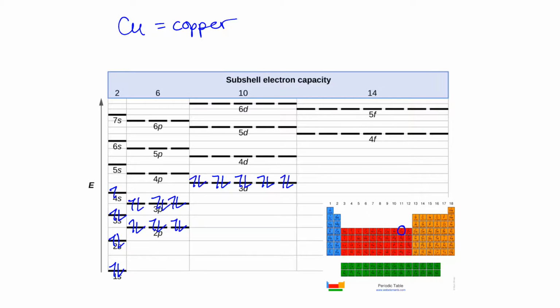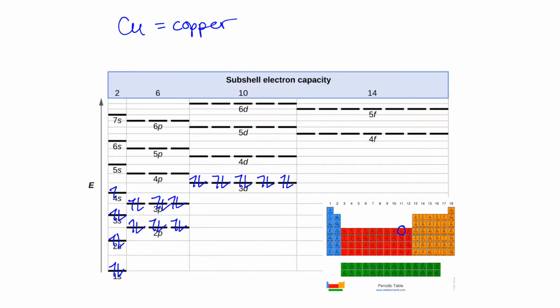Okay, so hopefully you took a stab at filling in the electrons for copper. You might have initially ended up with 4s2 3d9, so one little lonely electron over here.